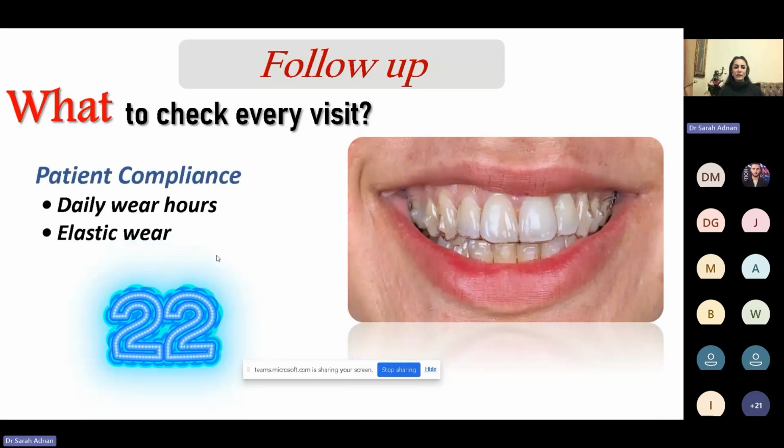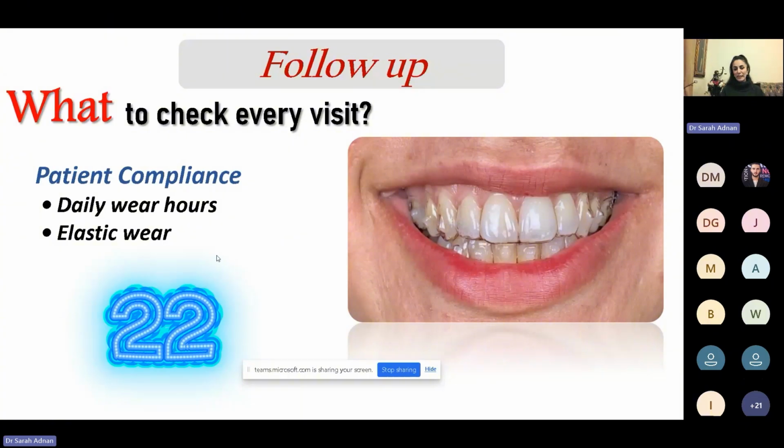Also, we should check the patient compliance. The first point, as we said, from the disadvantages or limitations of clear aligners is their high dependence on patient compliance. Patient compliance is a great issue in clear aligners. The patient should be internally motivated, should want to make a change in their smile.